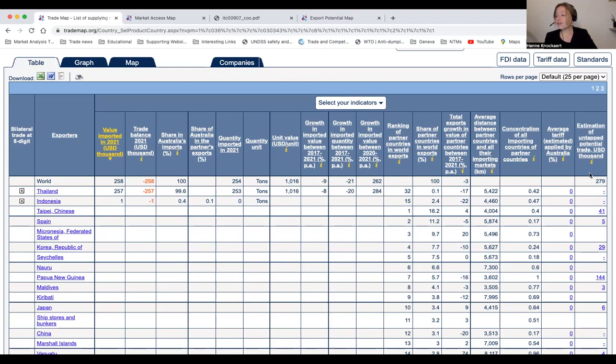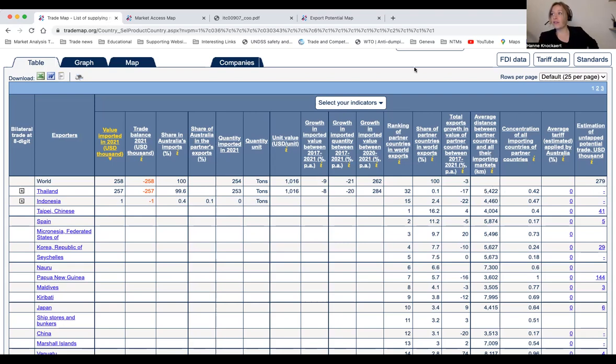These next few columns are actually very interesting when we're talking about competition, because they show you how far the countries we are talking about are from their partner countries. So we can say that we are closer than they are to their average partner, or we are further away. For example, here we have Thailand as an exporter to Australia. We see that Thailand on average is 5,422 kilometers away from all its destination markets of this fish.